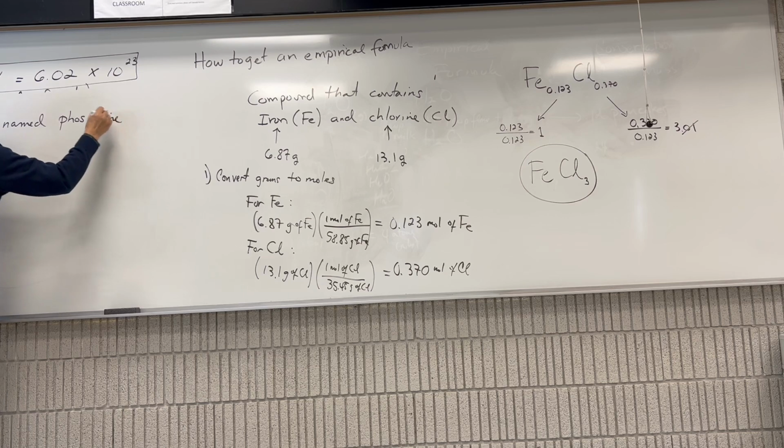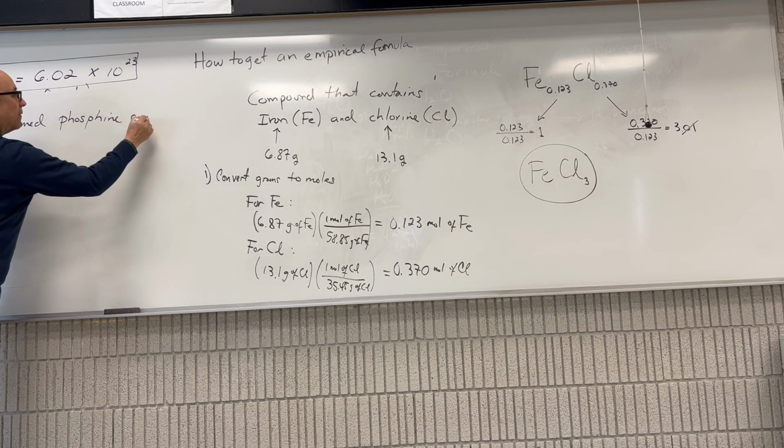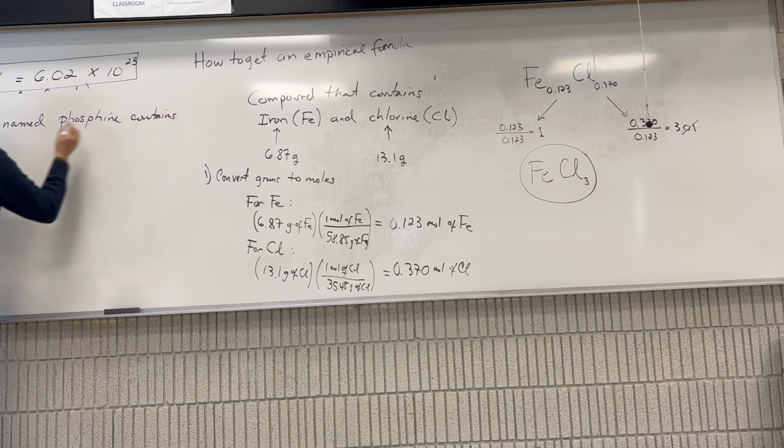Phosphine, I think. Phosphine has a composition, actually this is a rat poison, of phosphorus and hydrogen. So the compound named phosphine contains phosphorus and hydrogen.